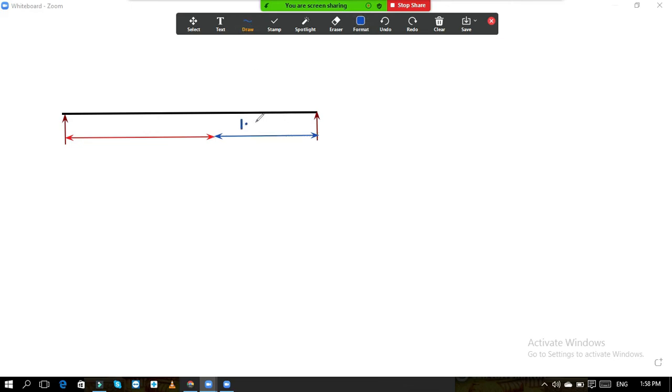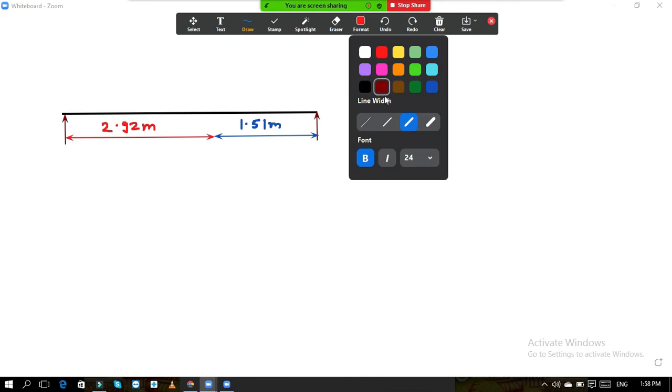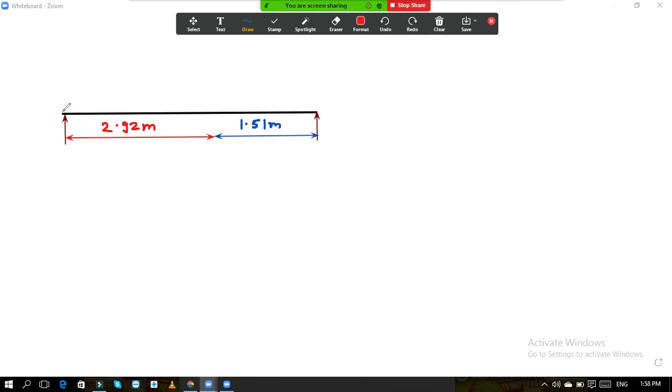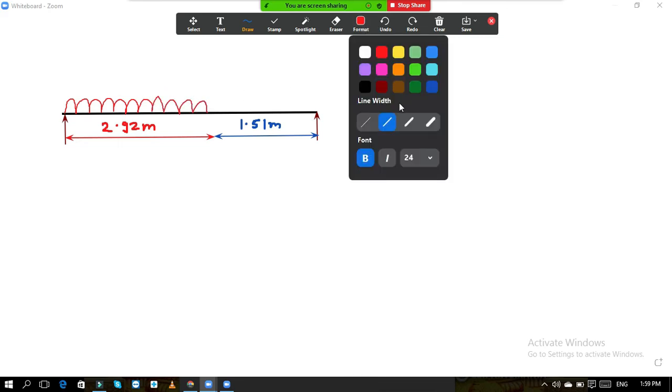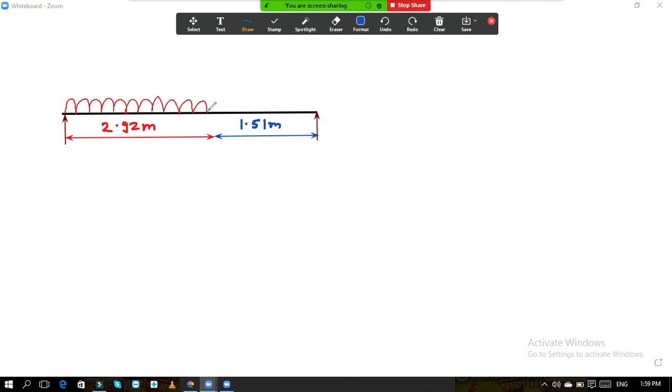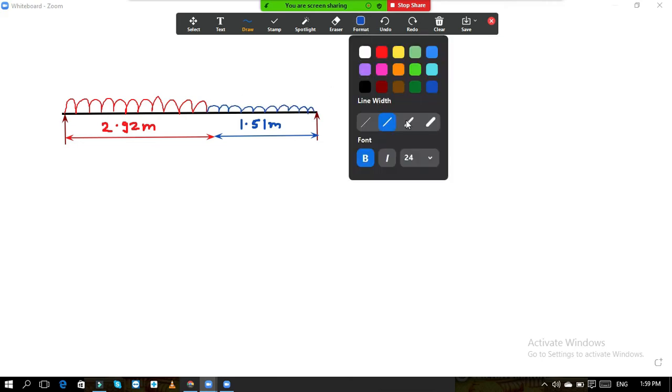This is 1.51 meter. Here it is 2.92 meter, and then we will show the UDL. Here it is the UDL, that is our flight load, and after that this UDL which is on the landing slab.